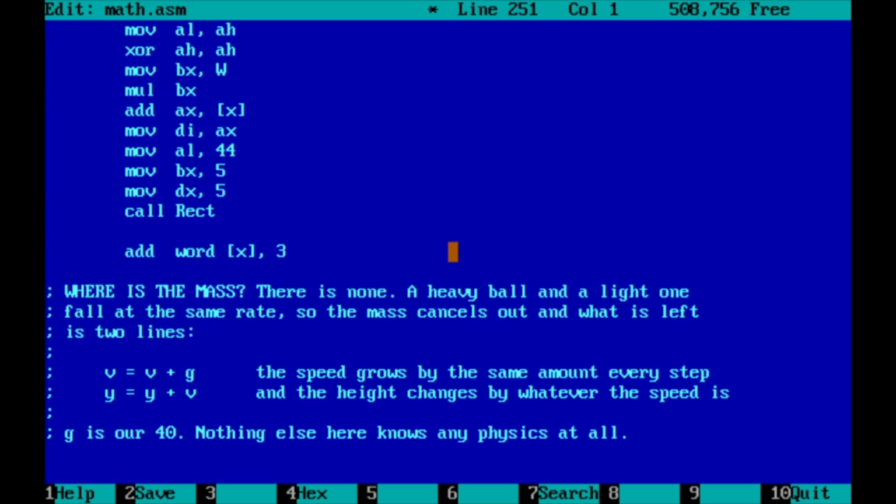Speed grows by the same amount every step. That is what acceleration is. Height changes by whatever the speed happens to be. 2 additions, and there is no third thing.